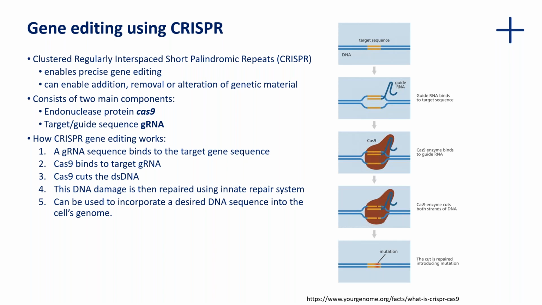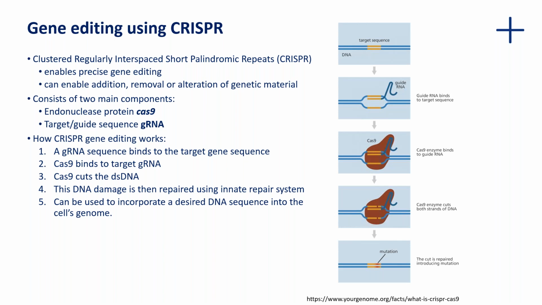So the 2 main components, the Cas9 being the endonuclease, and then the second component that's really important is the guide RNA, which is the target or the guide sequence and is typically 20 base pairs long. So as shown in the schematic on the right, the CRISPR gene editing would work as follows.